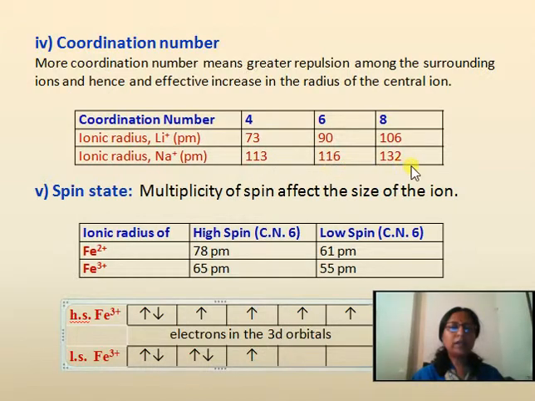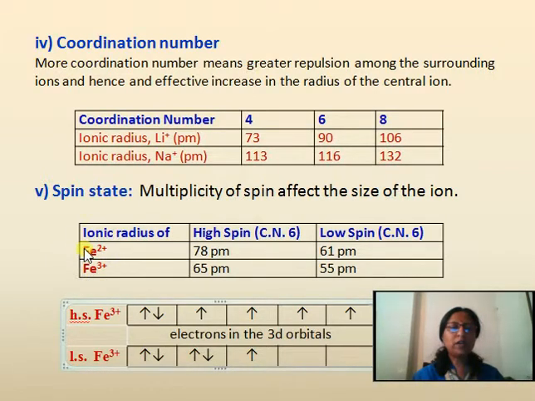Now another point on which the ionic radii value depends is the spin multiplicity. This you will be learning later, but here you just see the values. Iron can be found in two states, high spin state and low spin state, both in iron 2+ and in iron 3+.